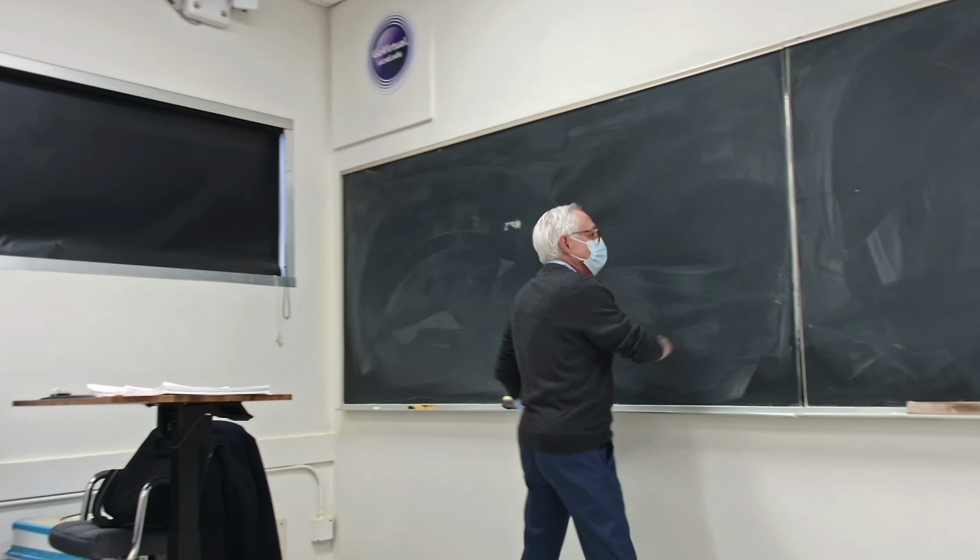Let us divide this equation by m dot, now that m dot is fixed, Q dot over m dot plus one inlet, one exit, h1 minus h2, plus v1 squared minus v2 squared over 2.